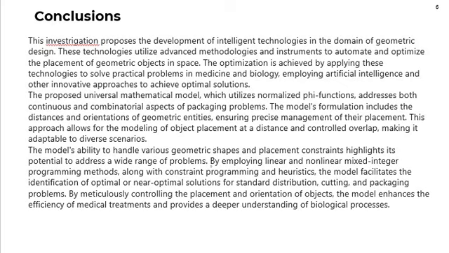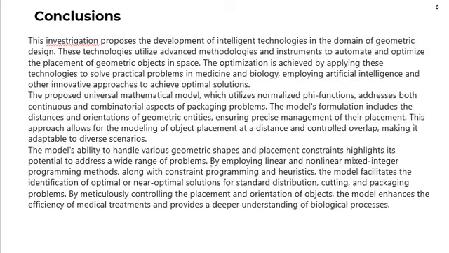The proposed universal mathematical model, which utilizes normalized phi functions, addresses both continuous and combinatorial aspects of packing problems. The model formulation includes the distances and the orientation of geometric objects, ensuring precise management of their placement.